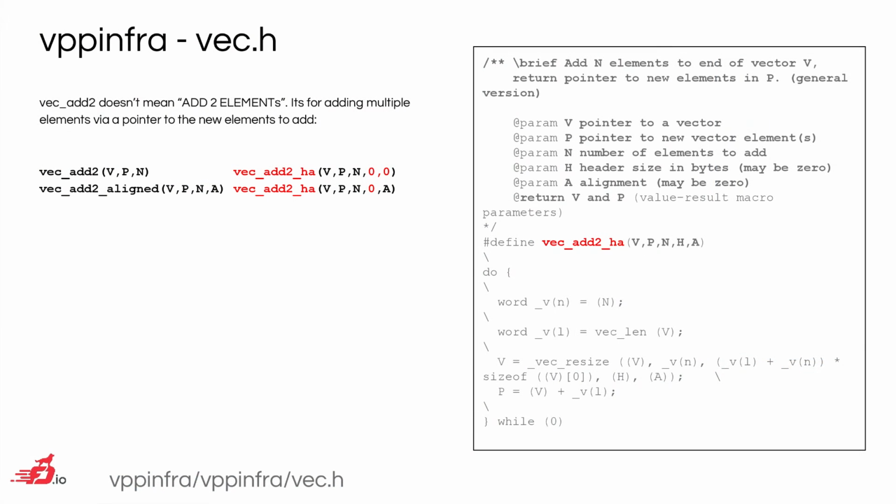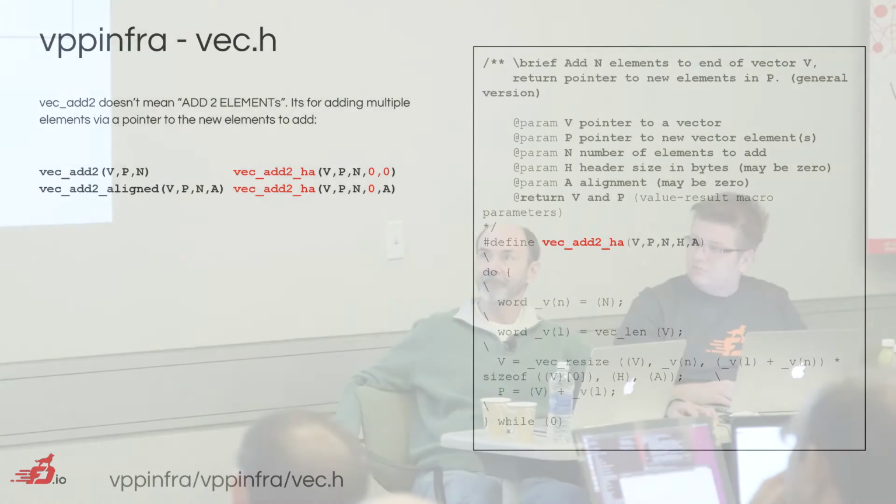Hey Keith, let me do a sentence or two on the vec.add2 family. Vec.add2 is really vec.add, again with the alignment stuff, but it's give me a pointer to some number of these things. Well, give me a pointer to some number of whatevers was a little long to type, so it turned into the numeral 2.